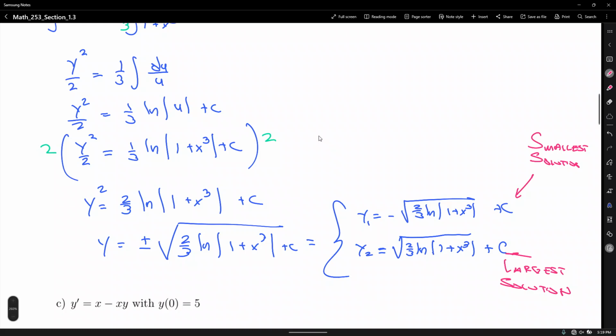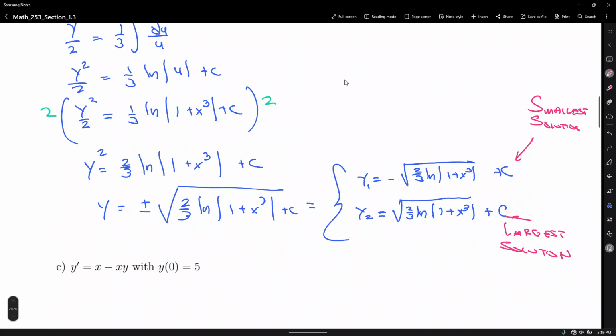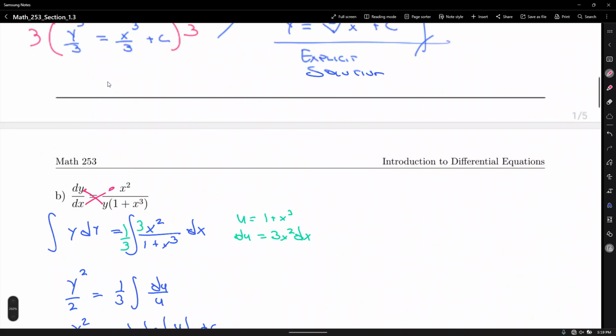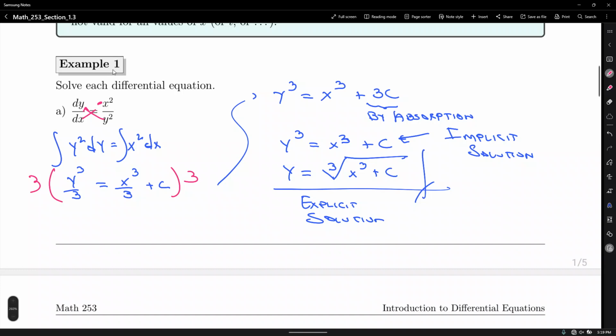The next one comes along with an initial condition. So, what have we gotten here, by the way? For examples A and B, the solution still contains the concept of integration. Again, this is really the portrait of a family of functions, so that's why we call this the general solution.